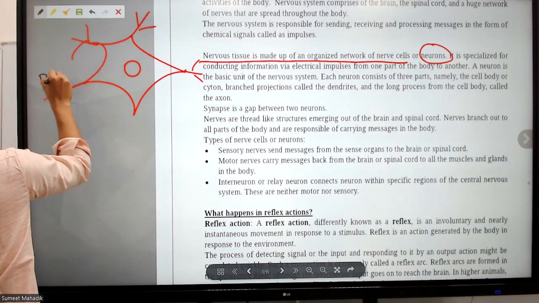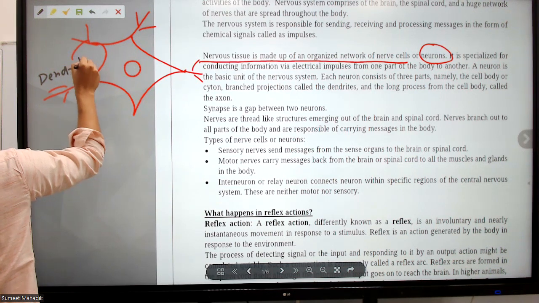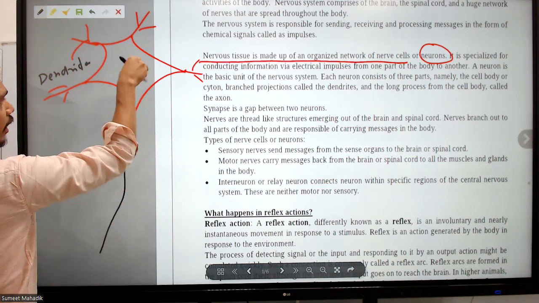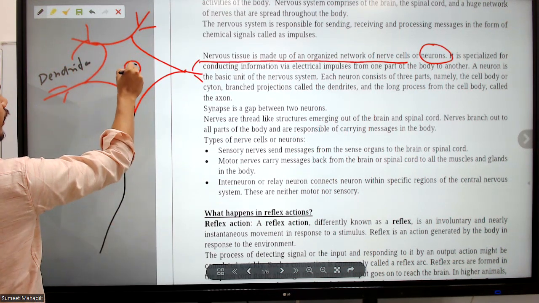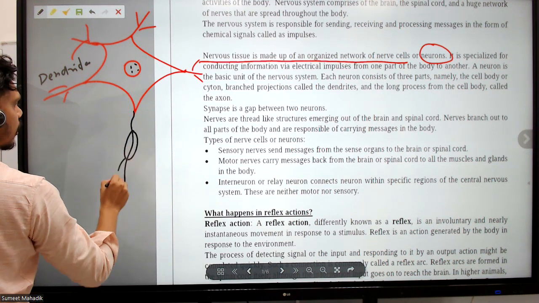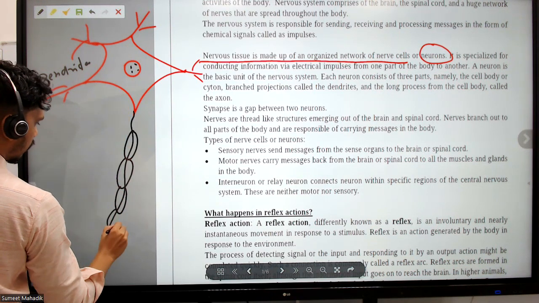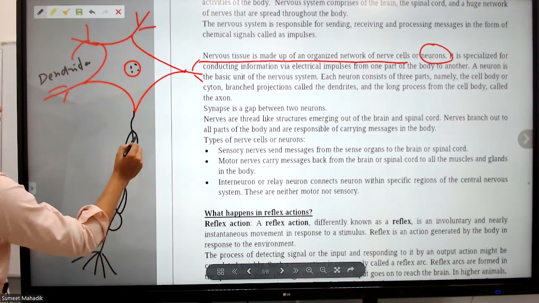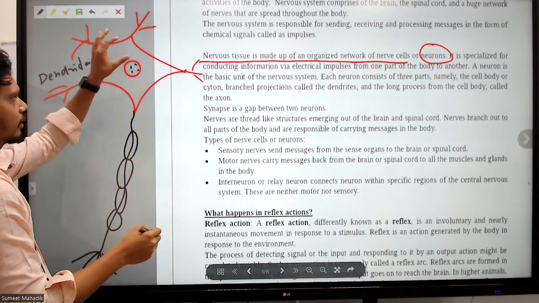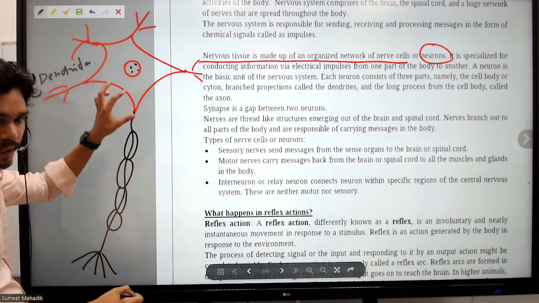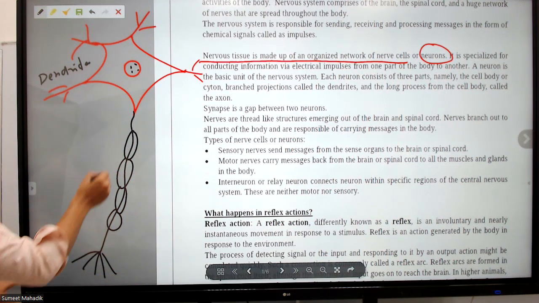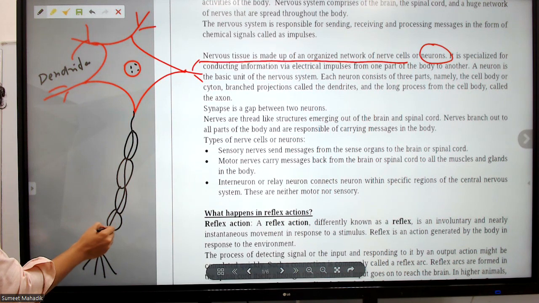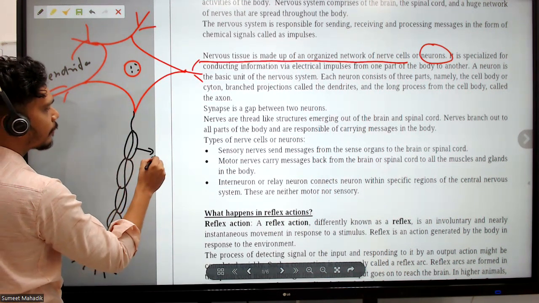This is the cell body, and the nucleus is there. This is the axon, and this is the axonal end. The cell body does the processing and transfer of the impulse. The axon is covered with a myelin sheath.